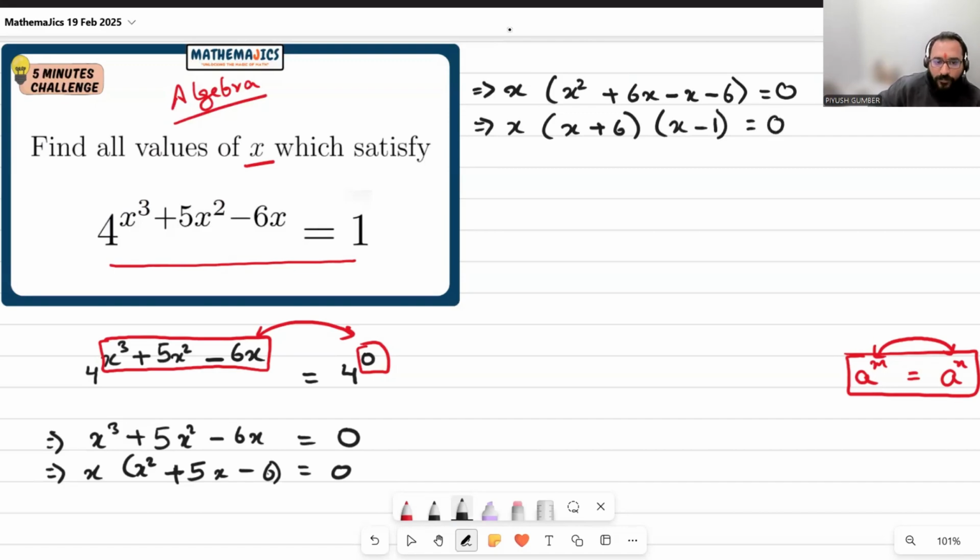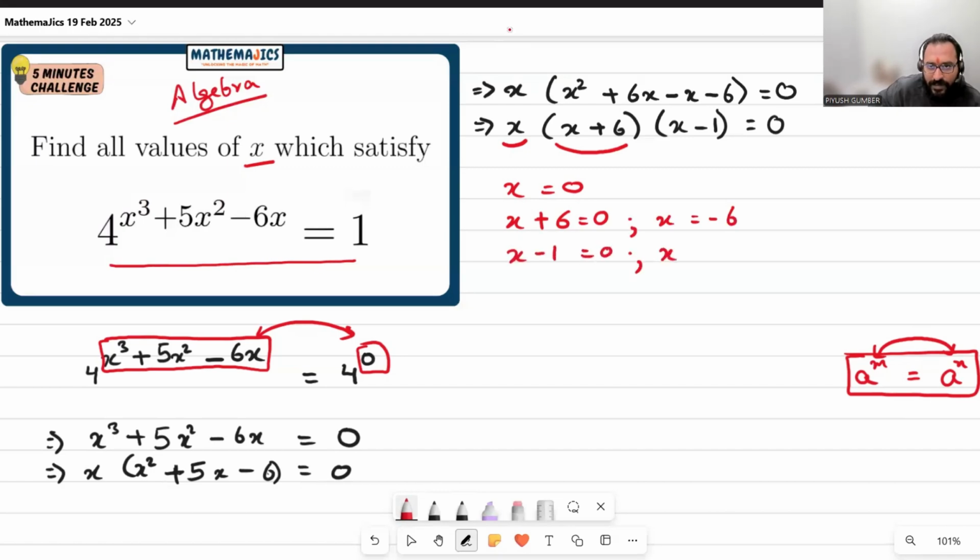Correct. Now from here we can get three values of x. Either we will get x is equals to 0, or x plus 6 equals to 0, which will give us x as negative 6, or we will get x minus 1 equals to 0, which will give us x equals to positive 1.